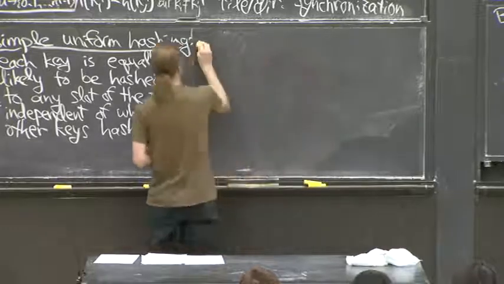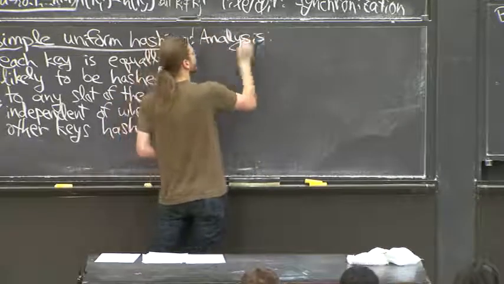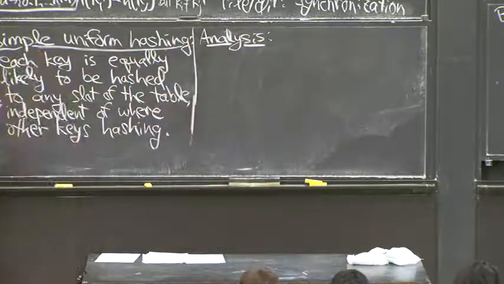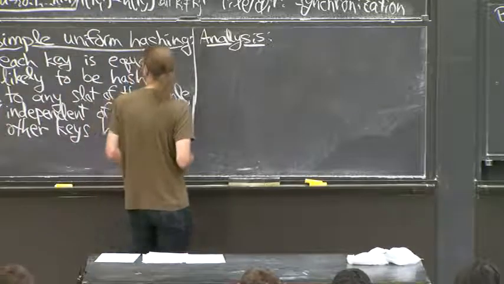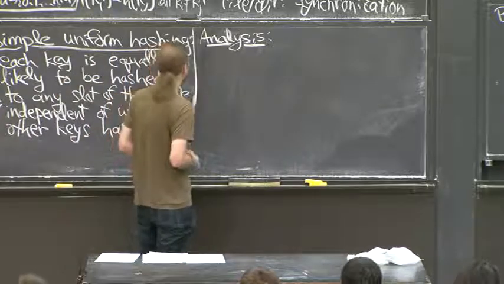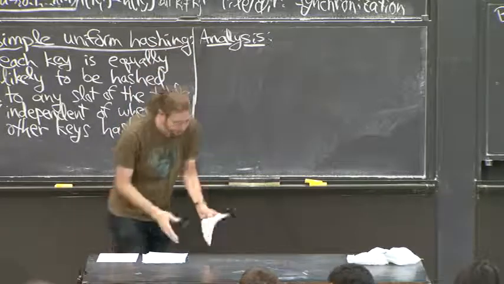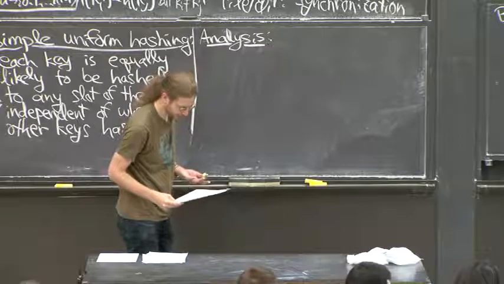So under this assumption, we can analyze hashing, or hashing with chaining is what this method is called. So let's do it. I got to cheat. Sorry, I got to remember the notation. I don't have any good notation here.